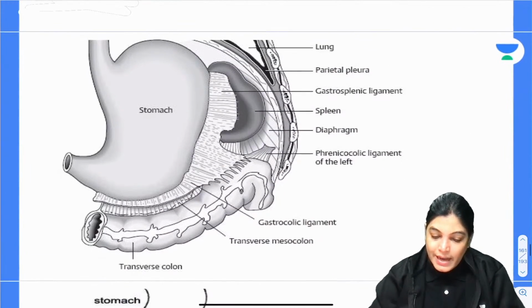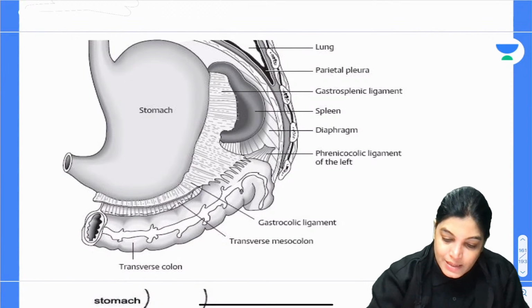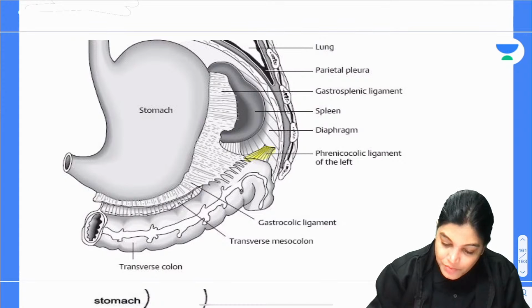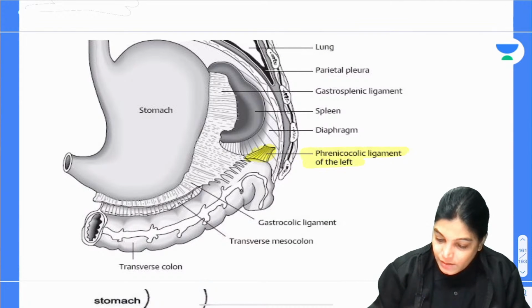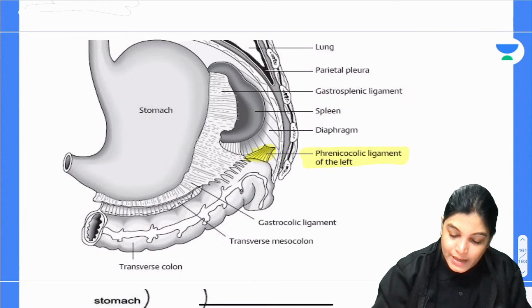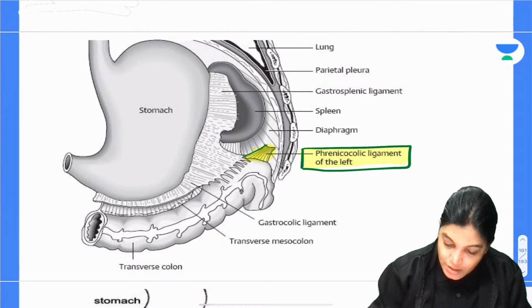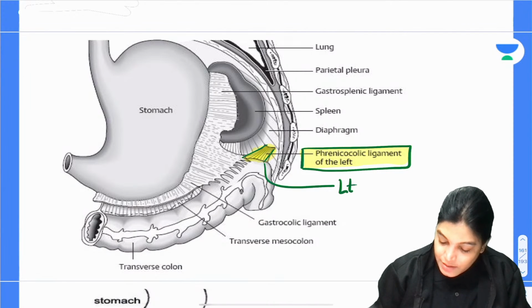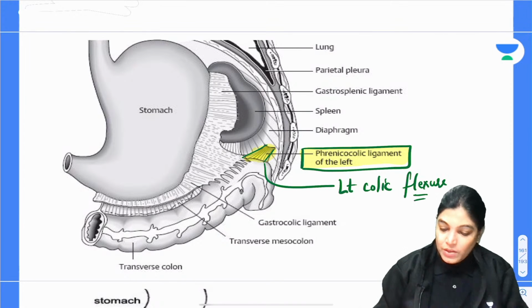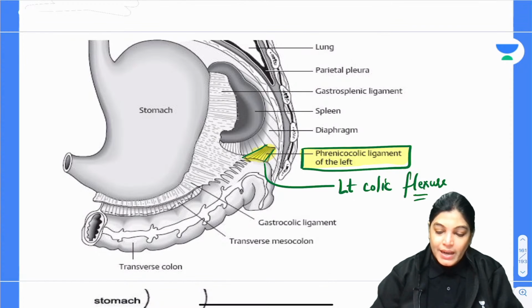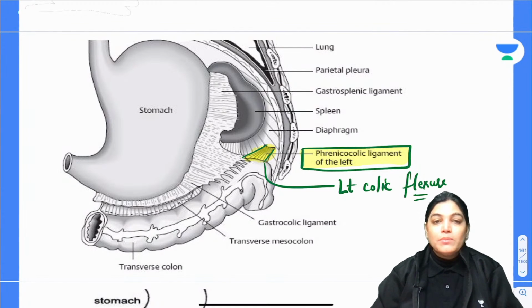See here in this diagram, this is the Phrenicocolic ligament. It is attached to the left colic flexure, and above it is attached to the diaphragm. It is acting as a sustentaculum.